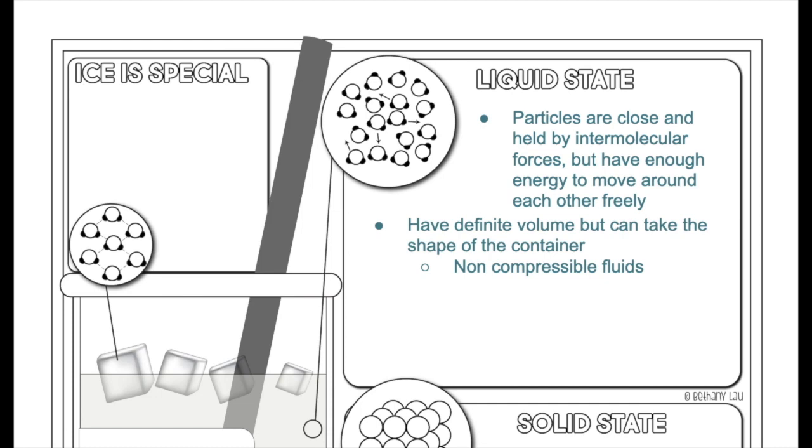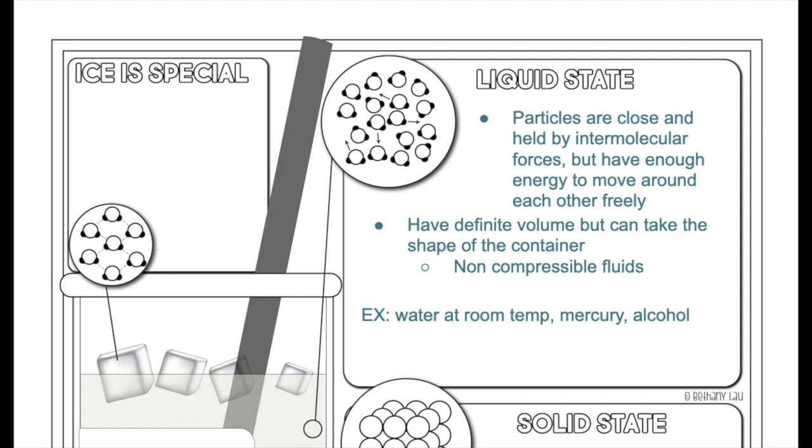It's going to fit the shape of the container, but it is a non-compressible fluid. We're going to talk more about fluids as we get further on in the year, but fluids are considered gases and liquids. So liquids are a non-compressible fluid. Examples of naturally occurring liquids are water at room temperature, mercury, and alcohols.